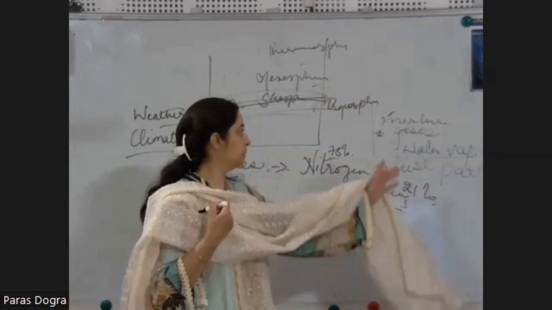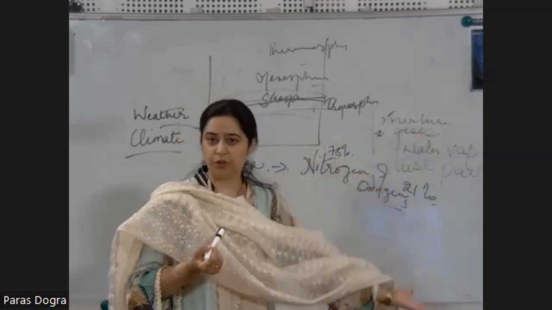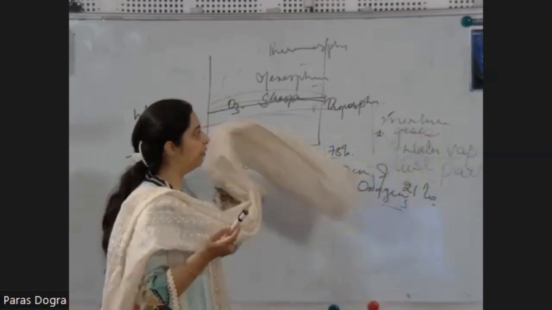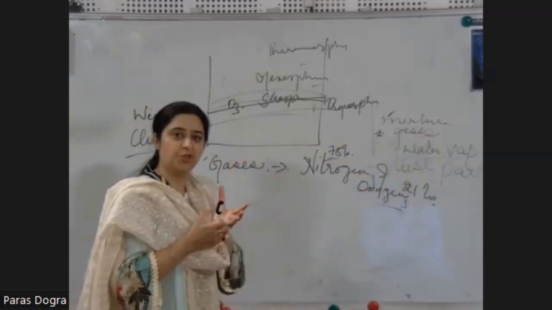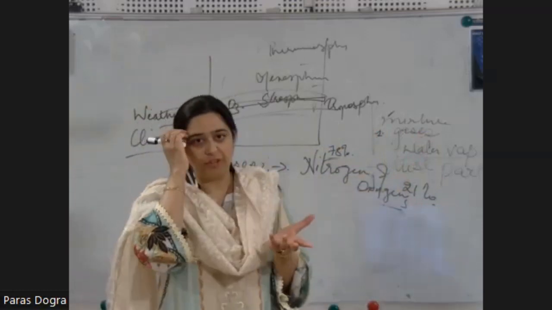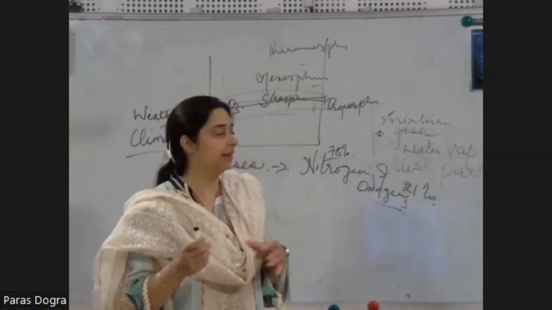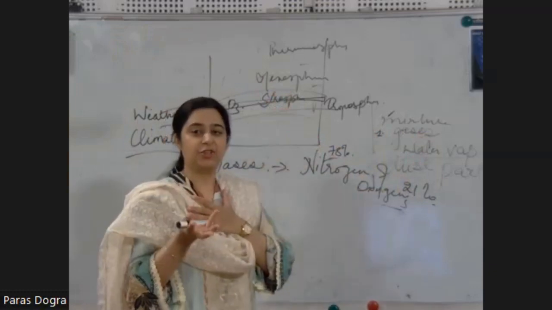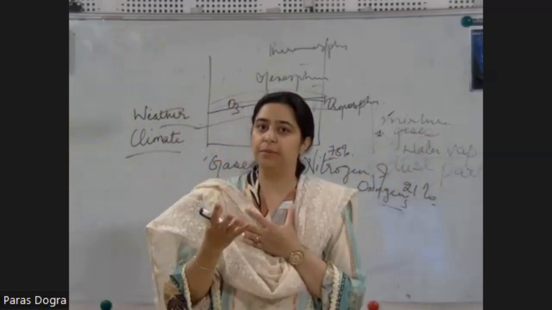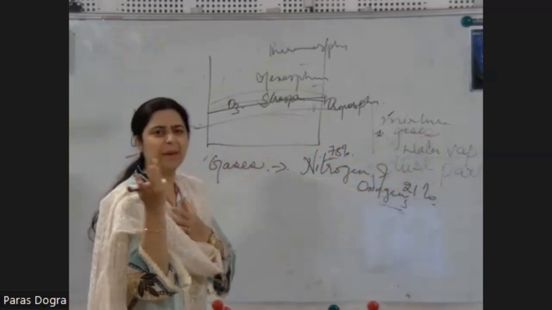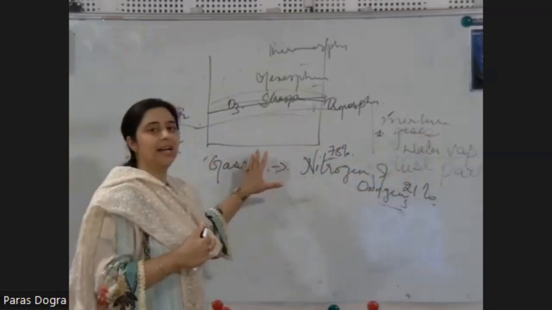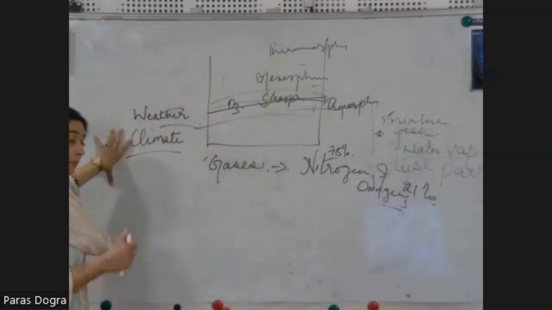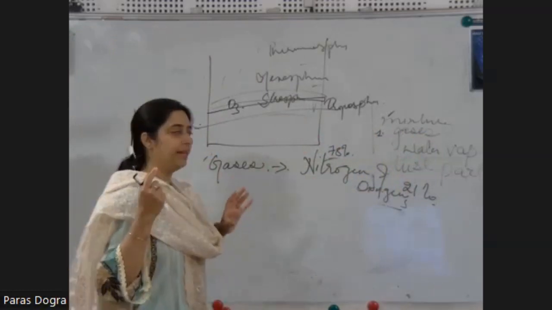Like we discussed the components of the atmosphere, by knowing the components we know what the atmosphere is. In a similar way, by knowing the elements of weather and climate, we will know what comprises the weather and what comprises the climate. The elements are the same. There is a very small difference between weather and climate, but the elements are quite the same.